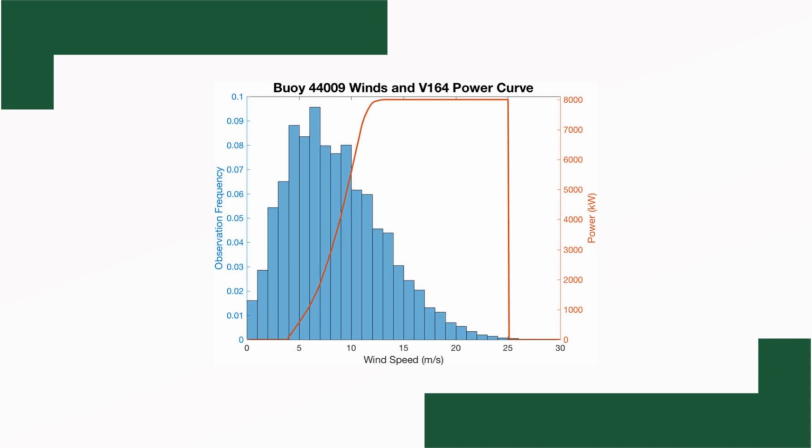The shape of the frequency distribution curve provides insights into the prevailing wind pattern at the location. For example, a higher peak in the curve indicates a more common wind speed range.